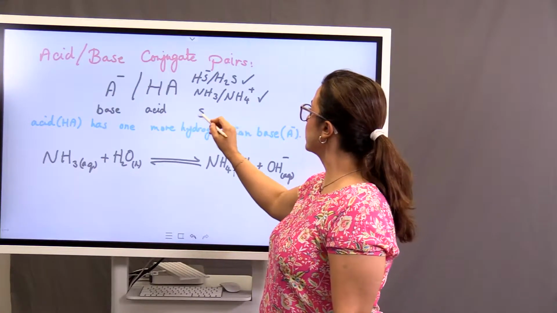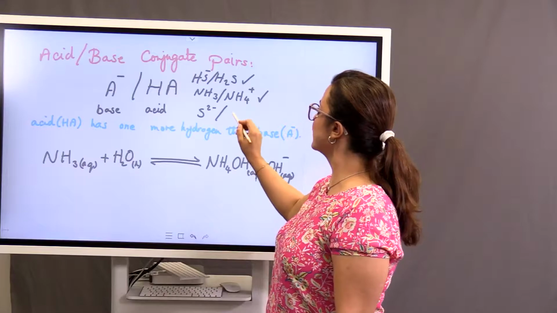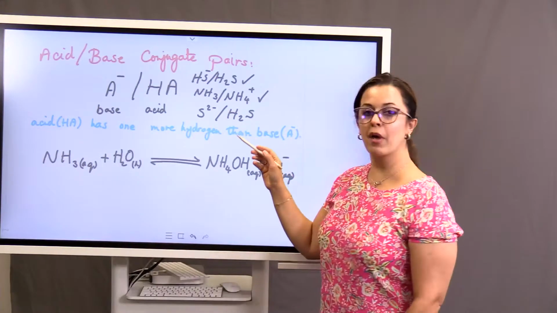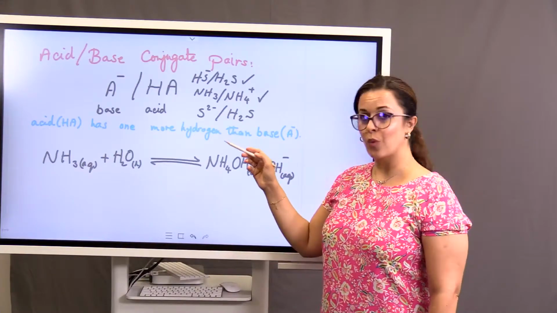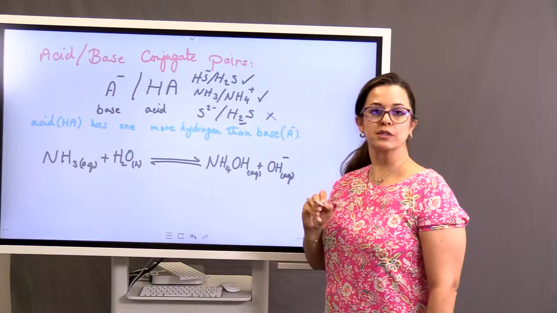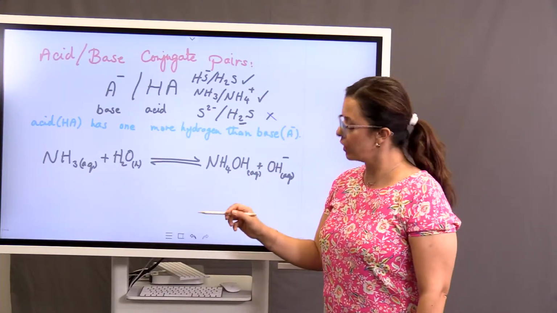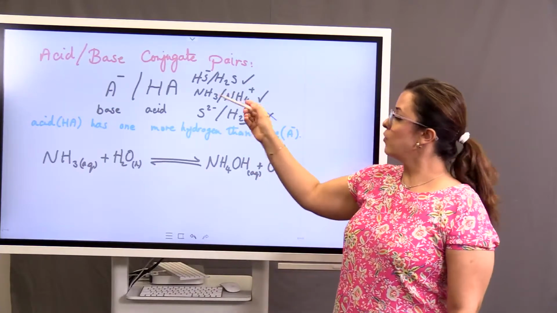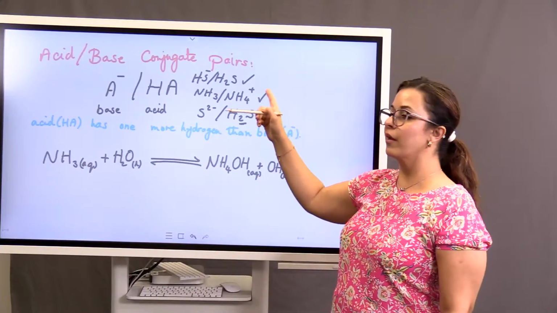But how about this one? What if I have sulfide and H2S? Can I call them a conjugate pair? No, because the difference here now is 2 hydrogens. So in order to be a conjugate acid-base pair, we definitely must have only one difference between the hydrogens of acid and base.